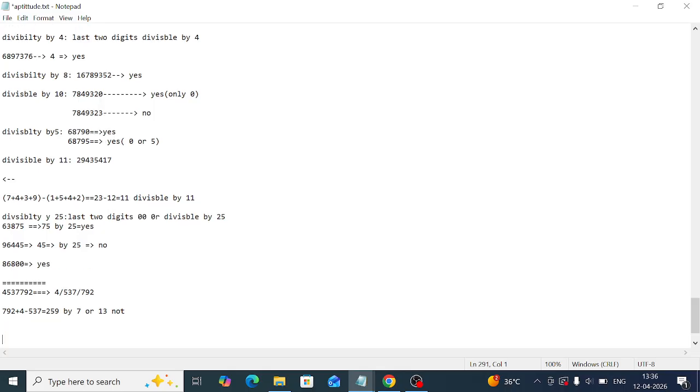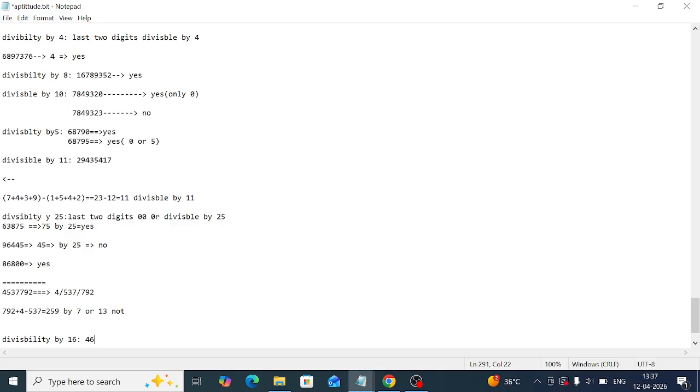Next, divisibility by 16. You need to check whether a number is divisible by 16 or not. The number formed by the last 4 digits you need to check. For 4, last 2 digits, for 8, last 3 digits, for 16, last 4 digits we have to take.